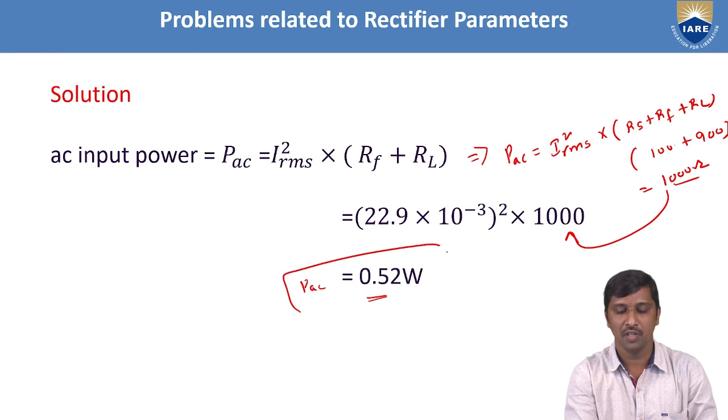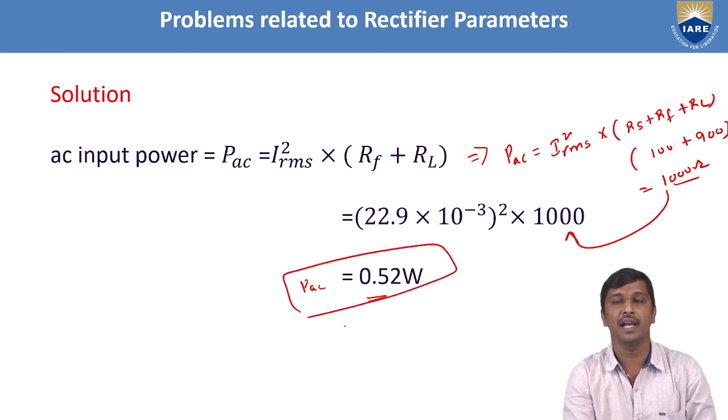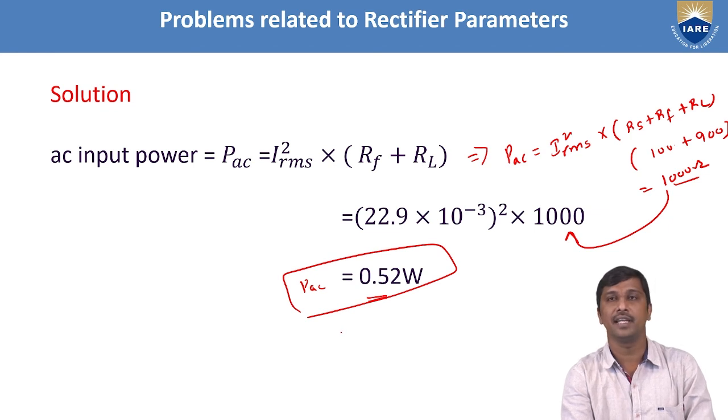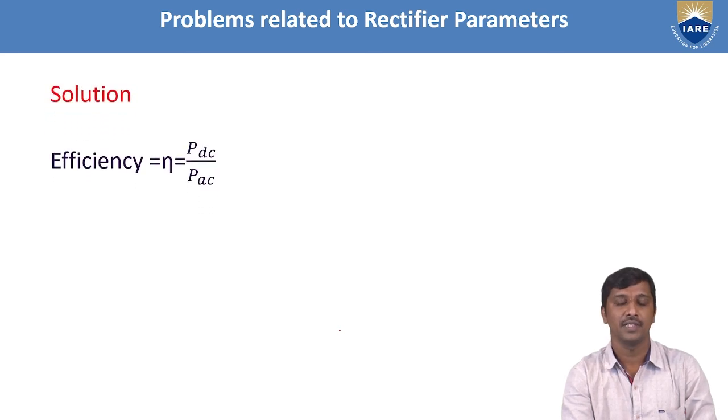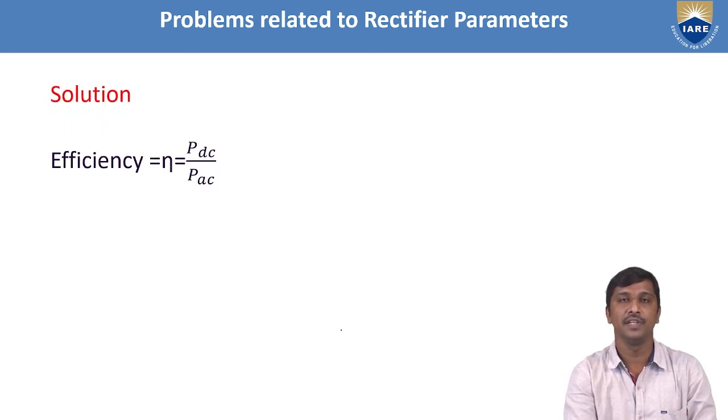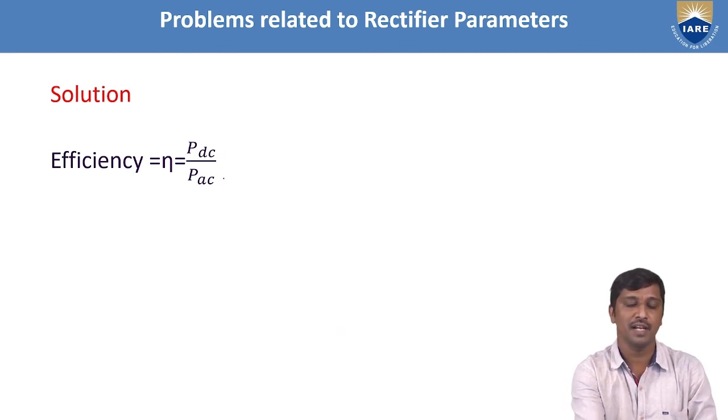So up to this point, we got the DC output power and AC input power. Now we are going to determine the efficiency of the full wave rectifier. What is the formula for efficiency of the rectifier? It is defined as the ratio of DC output power to the AC input power. Just substitute these two values.